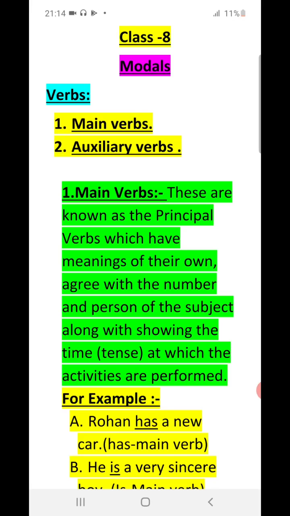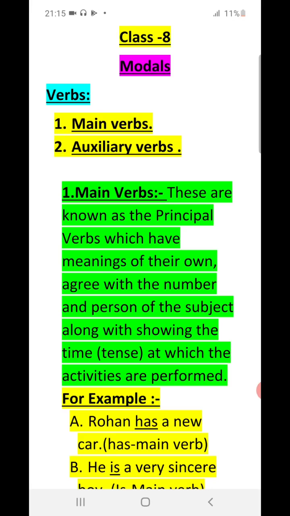So, tense at which the activities are performed. So, these are known as the principal verbs.